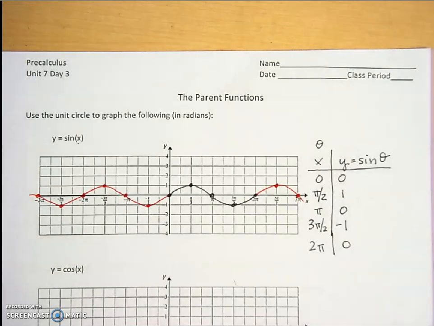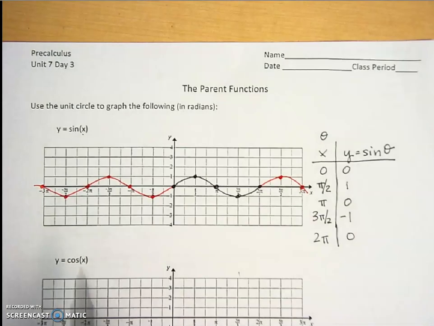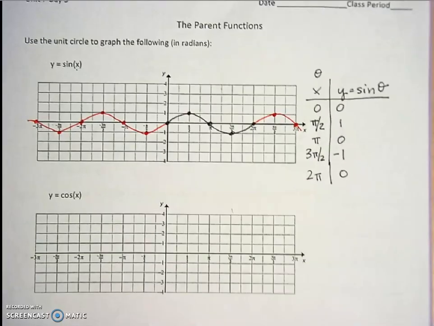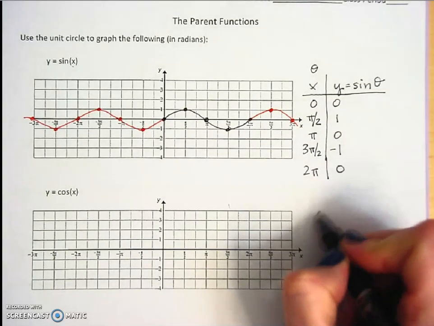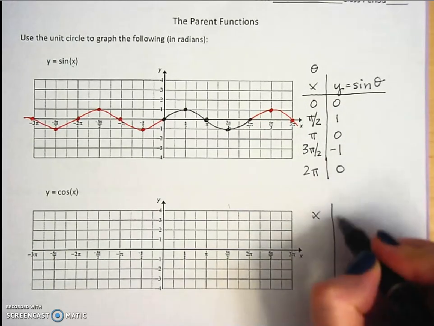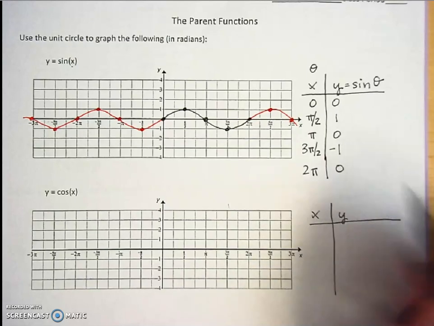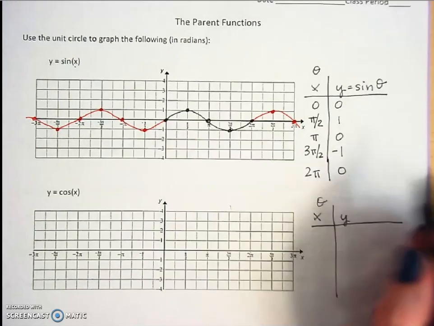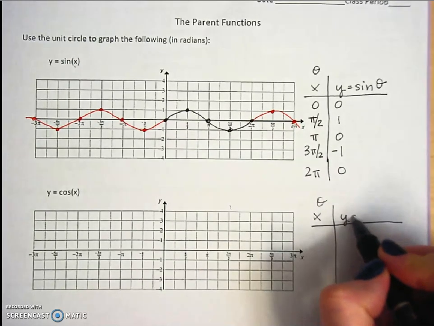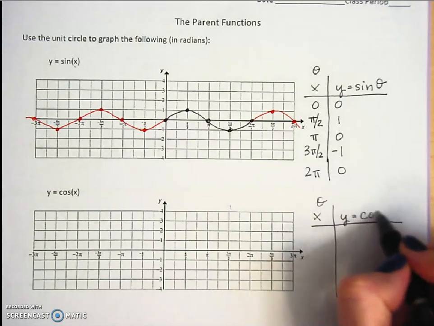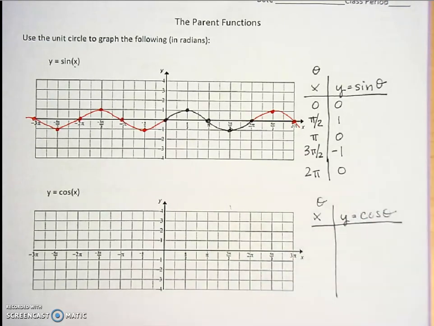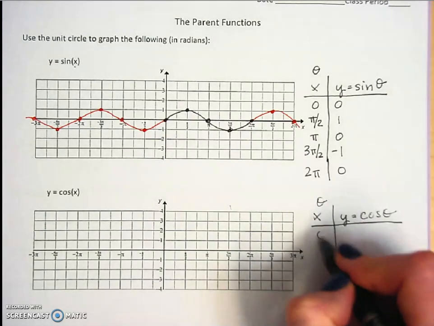So now we're going to do that same thing for the cosine parent graph. We're going to have our xy table. Remember that x is our theta values, and y are the values we get when we evaluate cosine at that theta. The domain is going to be the same.